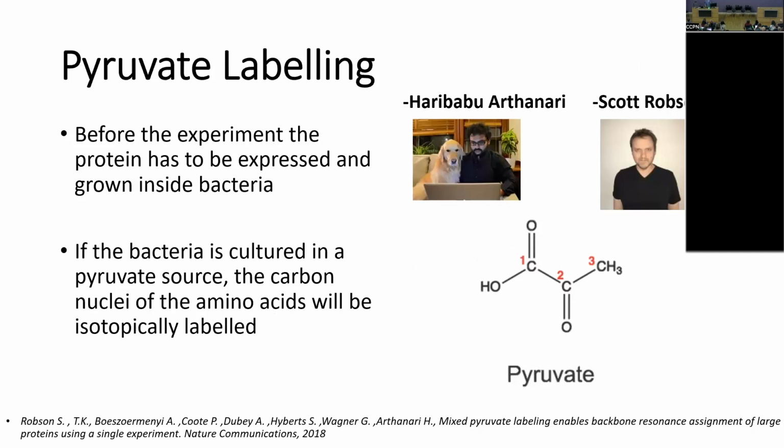And one way to overcome this was proposed by a team at Harvard, led by Haribabu Arthanari and Scott Robson. And their idea was to use isotopically labeled proteins. So if the bacteria which express the proteins are grown in isotopically labeled pyruvates, which can be labeled with carbon-13 in either carbon 1, 2, or 3 positions, the proteins will also be isotopically labeled from the pyruvate.